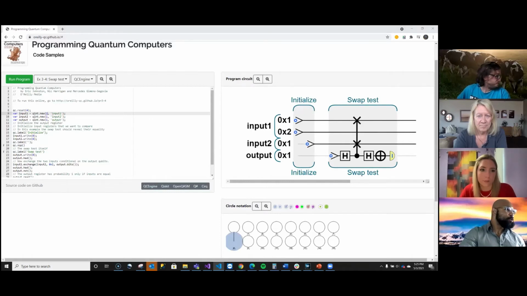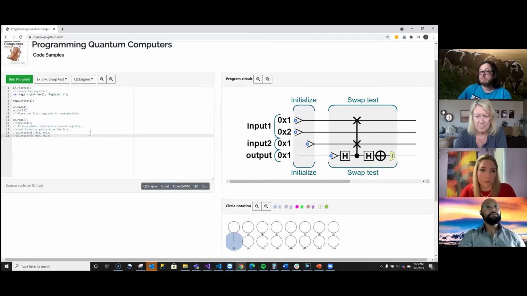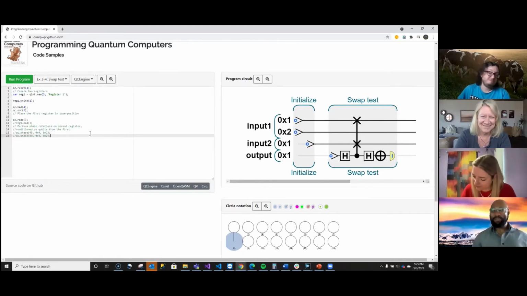So I'm going to load my first code with not. Now I have a question. Does everyone have an idea what the not operator does? Just in case for those who would like a refresher, the not operator is basically based on which qubit it's being performed on.